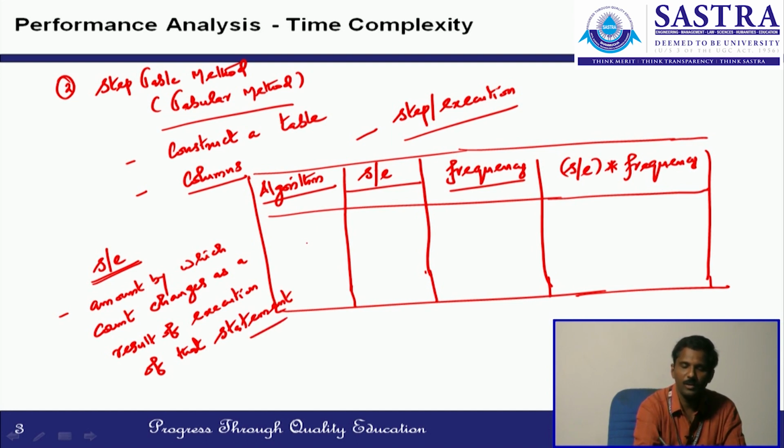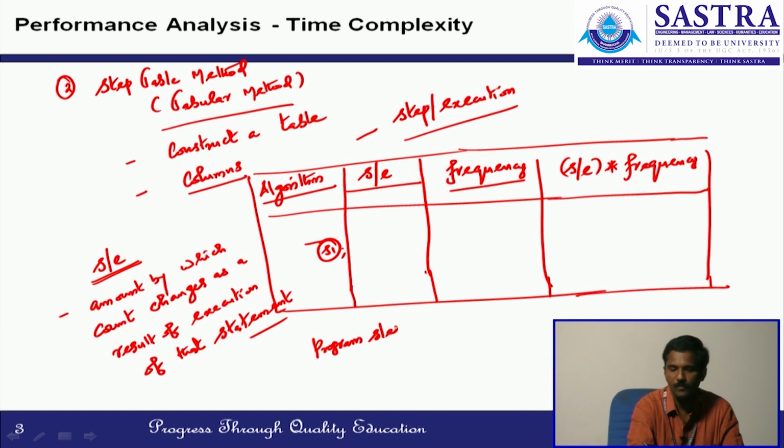Suppose consider a statement S1 is available in the algorithm. We need to find the program step for the statement S1. What is a program step?